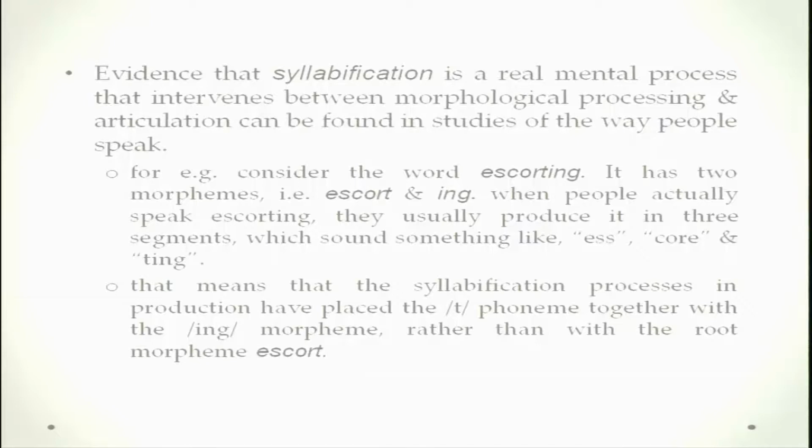That basically means that the syllabification process has taken the t from escort and pushed it to a different syllable. So technically, morphemically, escort should be in one and ing should be separate, but the way you've divided it in a syllabic fashion, you've put es, cor and ting. The t has been pushed to the last syllable.